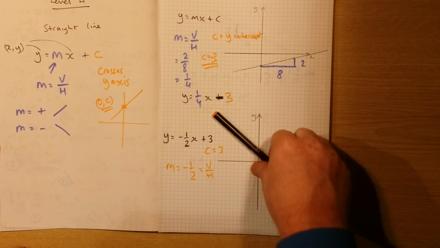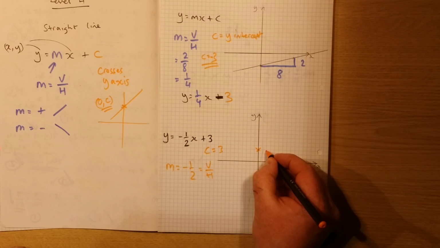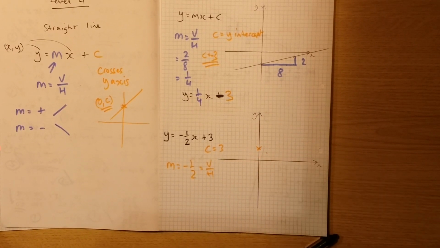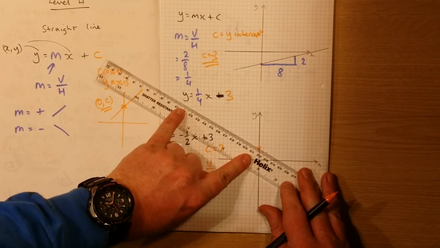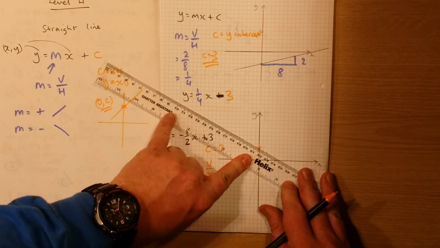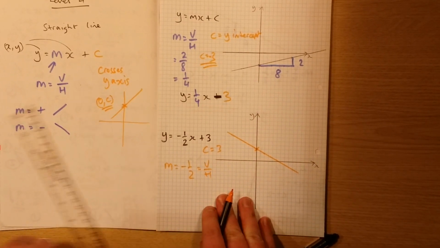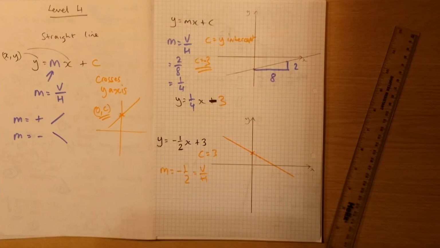And for every 2 it goes along horizontally, it's going to go down 1 vertically. So it's going to cross there. And when I put my ruler in like so, I can then join these 2 dots up, like so. So I've got y equals minus a half x plus 3.